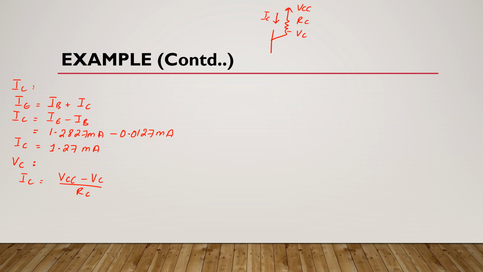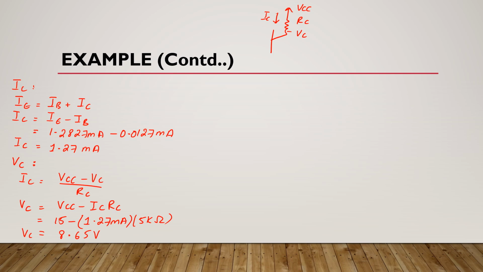So now if we rearrange this equation, we get VC is equal to VCC minus IC RC. Here this VCC is 15 volts minus IC, which is 1.27 milliamperes, and this RC is 5 kilo ohms. After solving this, you will get VC is equal to 8.65 volts.